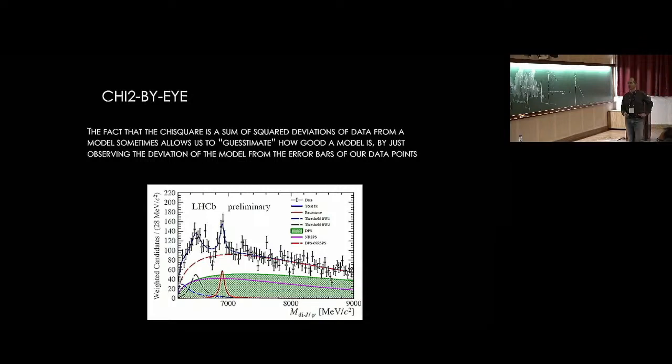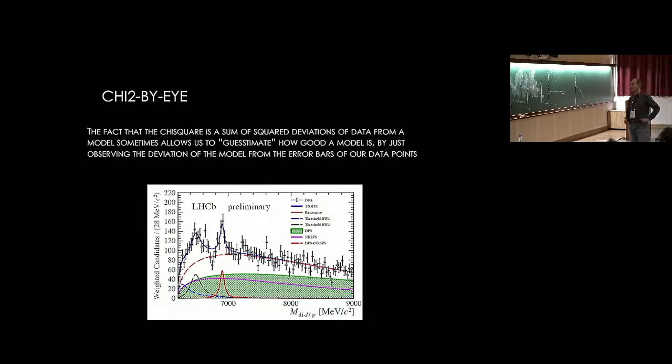When people are doing chi-square fits, sometimes people also like to interpret the data that they look at, and they do what is called chi-by-eye, right? You look at some data and the fit and you say, oh, okay, this looks like a good fit. Or somebody might say, oh, but there's another resonance here. What's the probability of this bump?